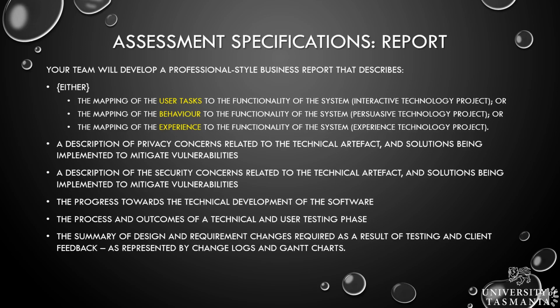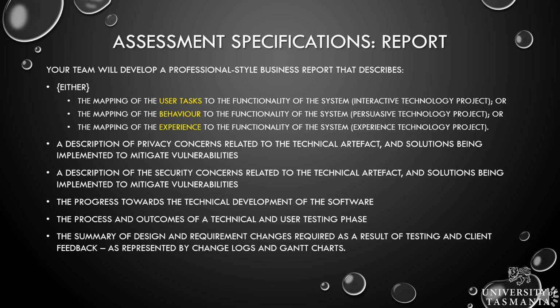The next thing you're going to be doing, as you did in Agile 1, is describing the progress towards the technical development of the software. So again, this is where we want you to review your last 6 or 7 weeks of Agile 2 and talk to what was meant to have been created and what has actually been created, and any differences between those two.